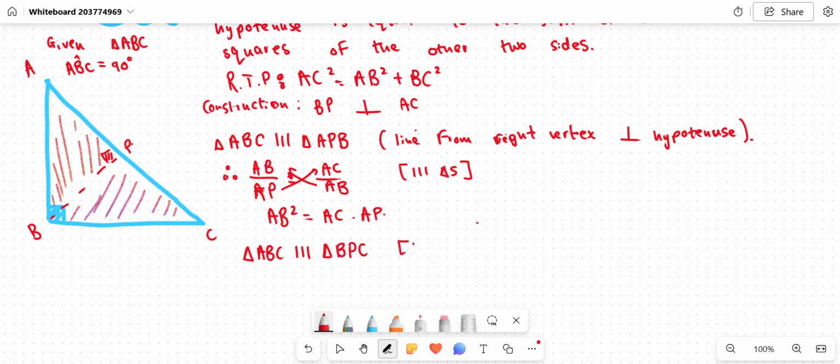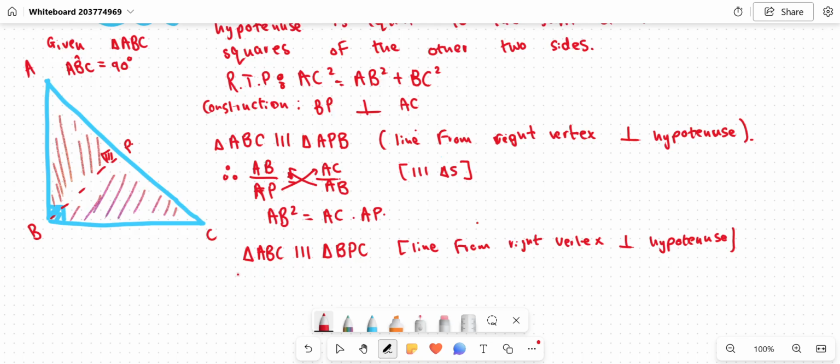And why? This is again the line from the right vertex that is perpendicular to the hypotenuse. Again, this is the reason for the previous theorem.